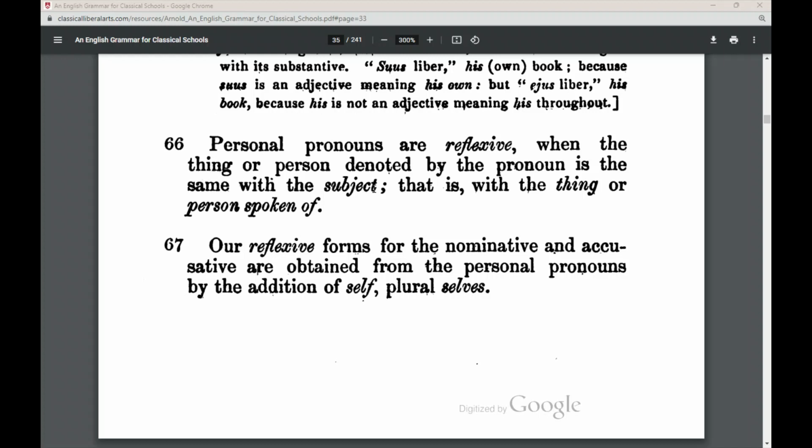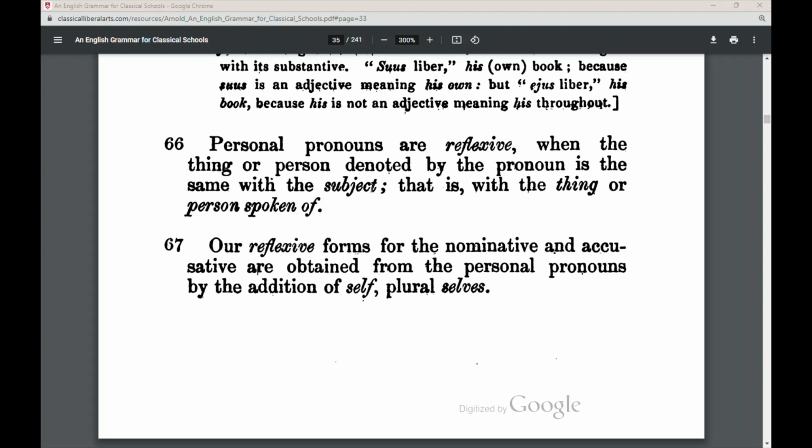So for example, if I say, sometimes I teach myself, myself is an example of a reflexive pronoun. It reflects back upon the subject. It identifies the same person as the subject.